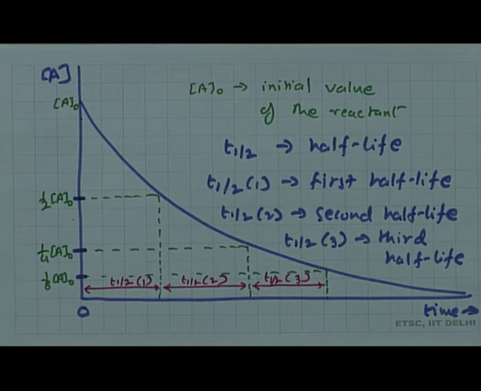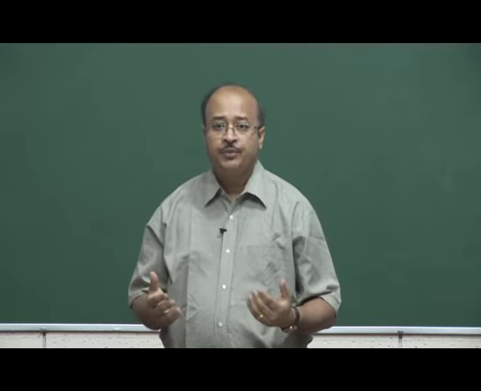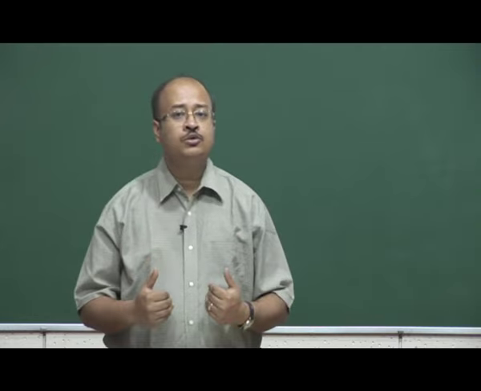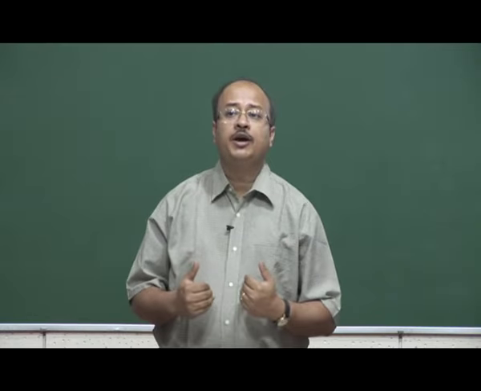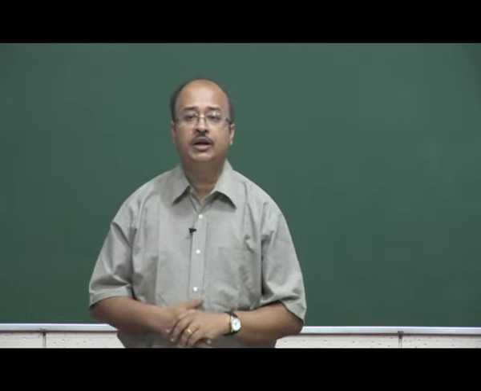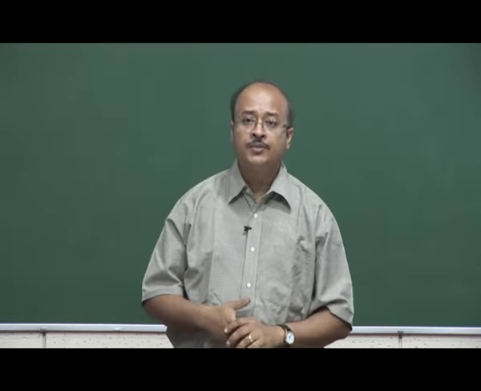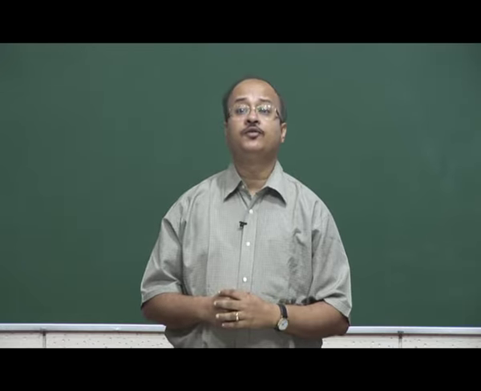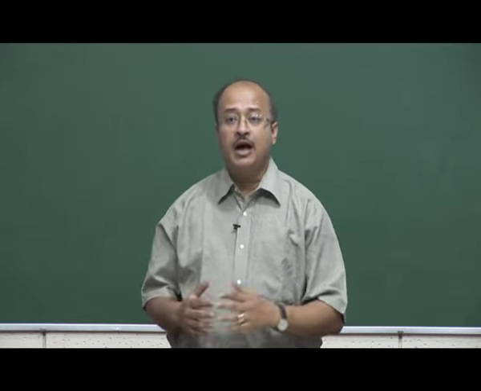Now, what is the significance of this? Why do we consider this to be a preliminary check? It would not be clear to you right now. It will become clearer when I start discussing the integrated rate expressions, or the integrated rate laws, and bring this concept of half life in and make the connection.